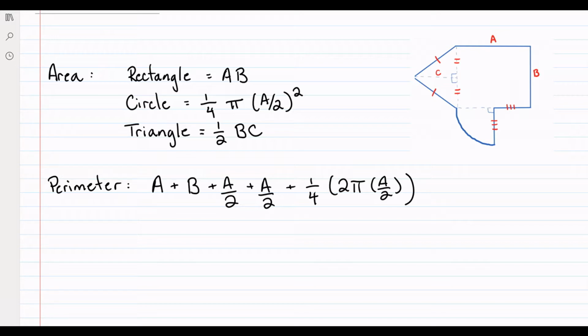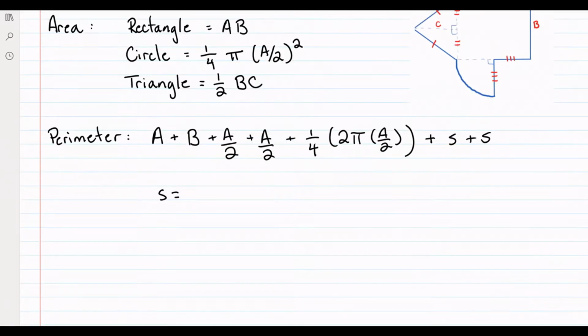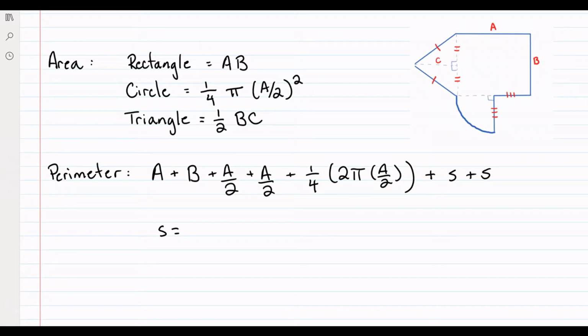Now I've got this down there, over, down, and the arc for the circle. Now I have to do these slant values. I'm going to call those S, and there are 2 of them, this way and then that way. It's not really annoying to calculate, it's just the hypotenuse of, say, this triangle here. If this is one side of the right triangle, and this side here is b over 2, then by the Pythagorean theorem S squared is equal to c squared plus b over 2 squared.